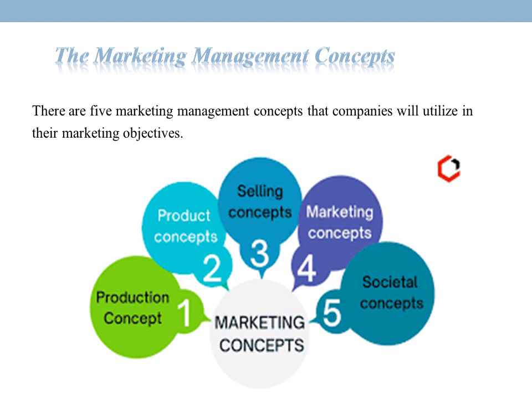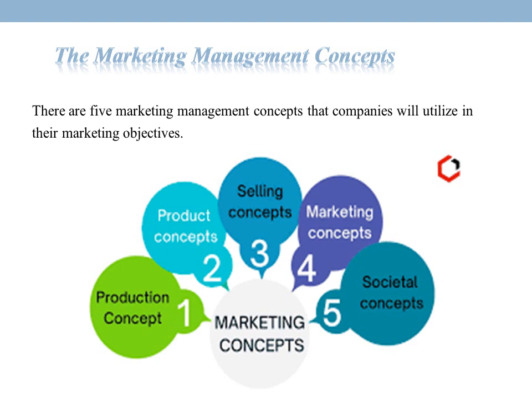In other words, build it and they will come. The second marketing management concept is product concept. So this management orientation says that consumers will buy products that offer the most quality, performance, and innovative features.